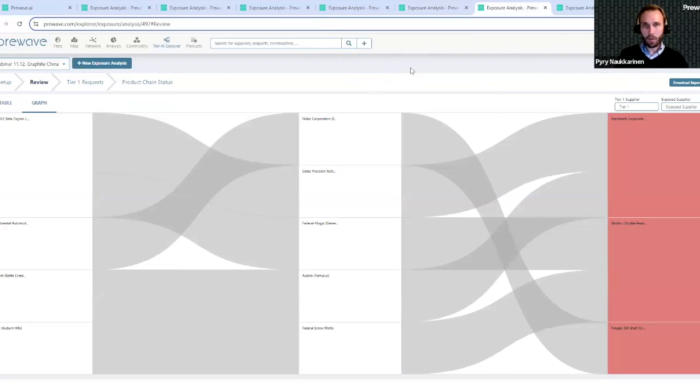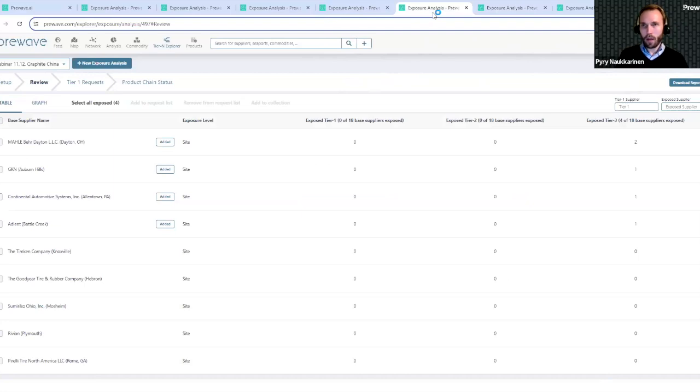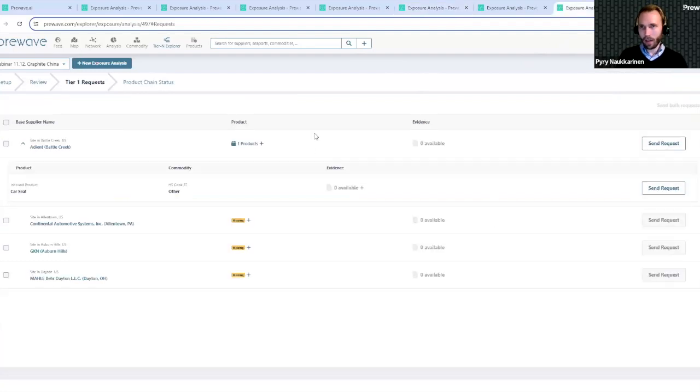The final thing I wanted to show is what I mentioned earlier in the slide about parts-level requests. We are building a functionality where you can select suppliers from here. In this case, I selected all of the suppliers where we found the so-called exposure and added them to a request list, so I have now selected the 4 suppliers here. I am working with Adient in Battle Creek, and I know that I buy a car seat from Adient.